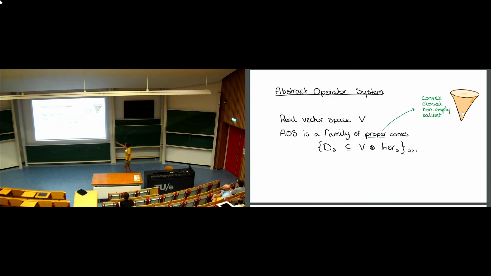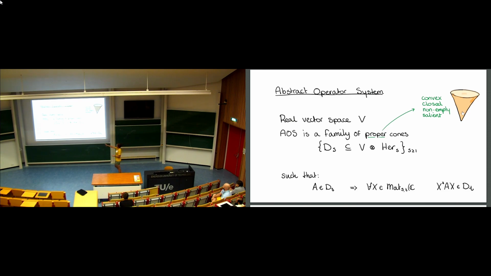We have a family of these cones inside V tensor the Hermitian matrices of size S for every S, right? For S equals 1, S equals 2, etc. All of these cones, well, a family of them, and not just a family, of course, they have to be connected in some way. And they are connected in the following way.